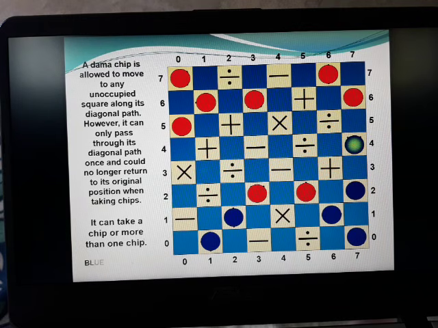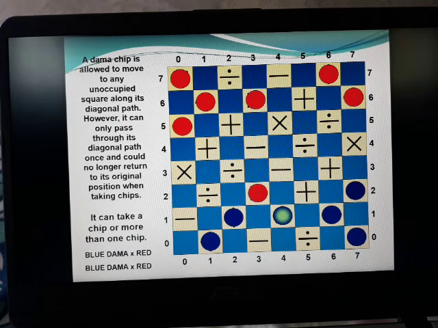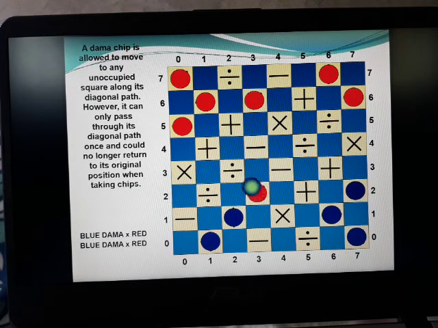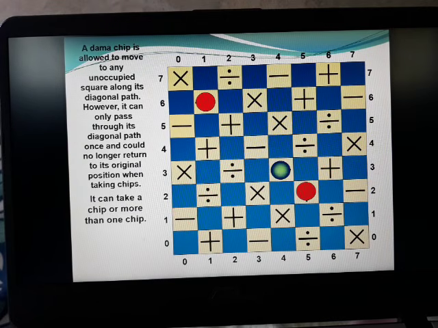So for example, blue Dhamma times red, and then blue Dhamma times red, another blue Dhamma divided by red, or blue Dhamma plus red, or blue Dhamma times, and then blue Dhamma divided by red. Blue Dhamma times red.